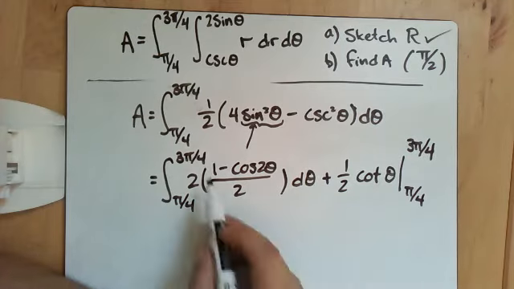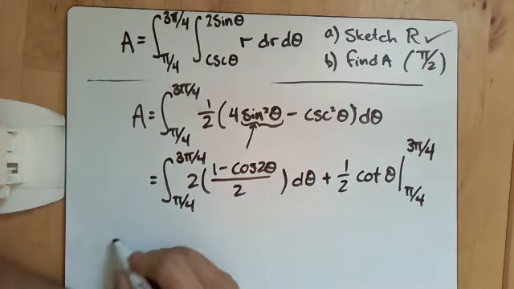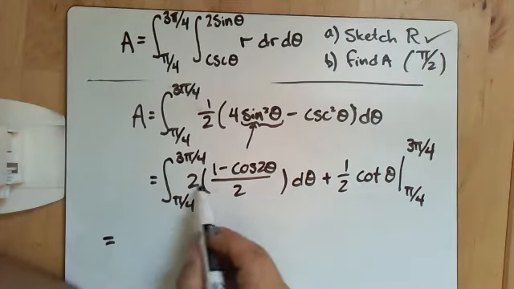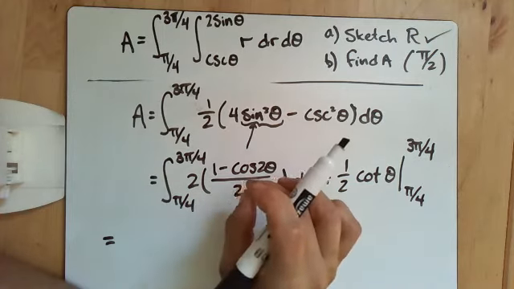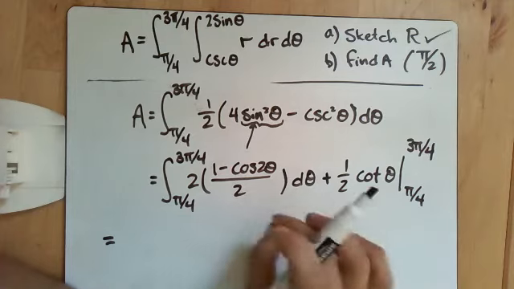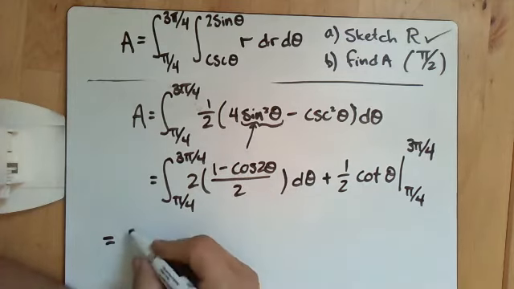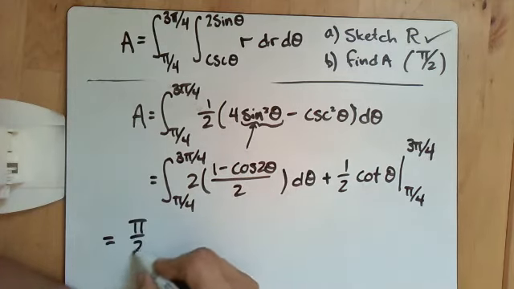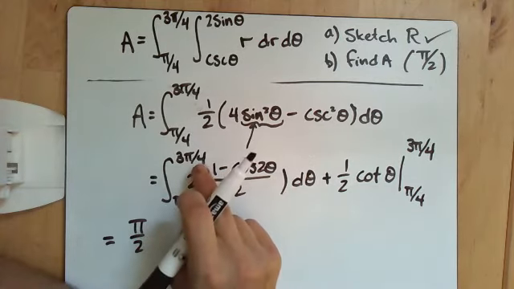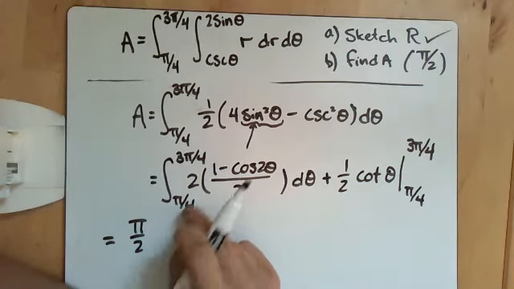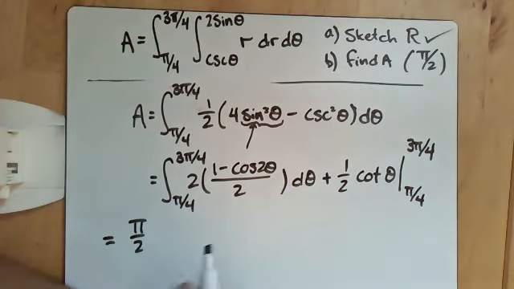All right, so now I have to think about what this is going to be. So this just becomes 1 minus cosine 2 theta. So the 1 I can integrate, and that's going to give me pi over 2. Okay, so when I integrate 1, I get theta evaluated at 3 pi over 4 minus pi over 4, which is just pi over 2.